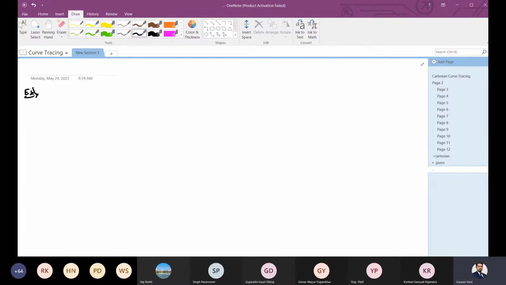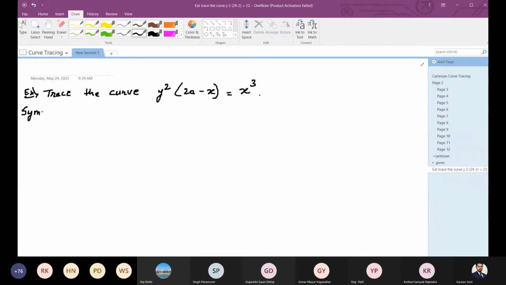Example: trace the curve y square in bracket 2a minus x equal to x cube. First of all, symmetry. Which symmetry does it hold?